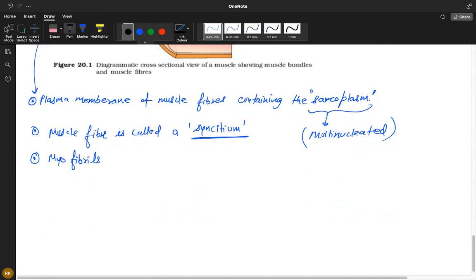The word itself says the fibers of muscles or filaments of muscles. Write down: myofibrils are muscle filaments which are arranged parallelly in the sarcoplasm.